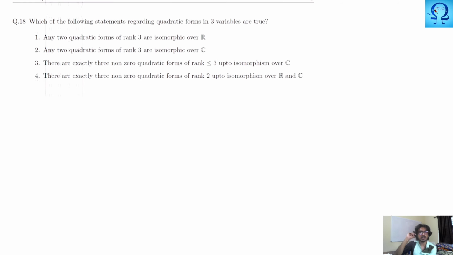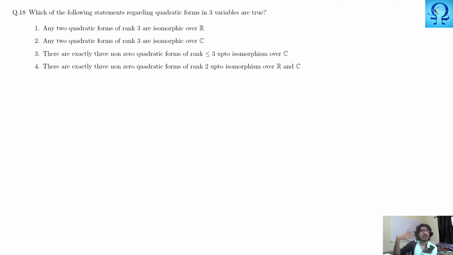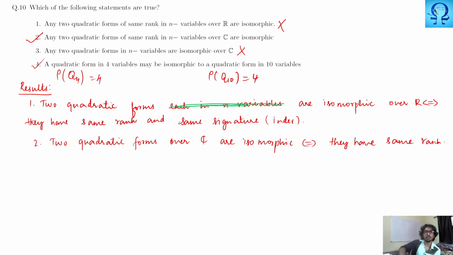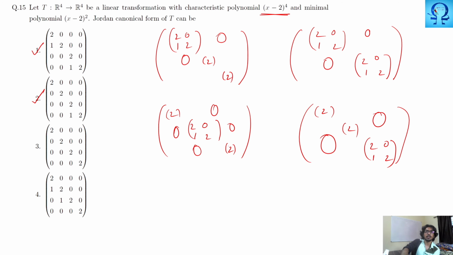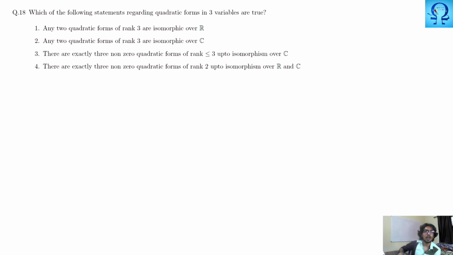Moving to the next question, it is again related to quadratic forms in 3 variables. Okay, so you just go back to this, and these two are the results that are required for answering this question as well. Any two forms of rank 3 are isomorphic over R. What if the signature is different? So this is not true in general.